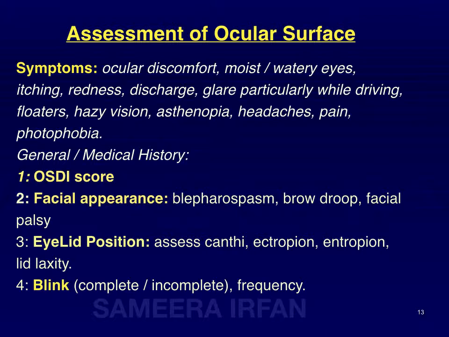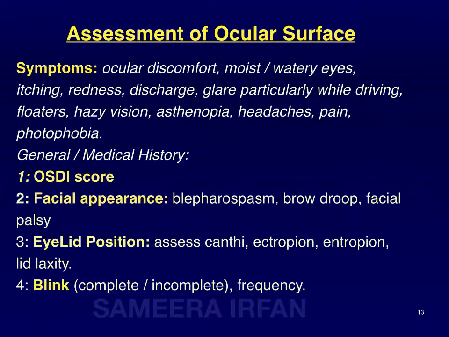Patients mostly present with ocular discomfort, a moist, watery eye, itching, redness, discharge, glare, particularly while driving, floaters, blurring of vision, headaches, asthenopia, and that can aggravate as extremely painful eyes as well as photophobia, and then that photophobia can worsen to cause severe blepharospasm.